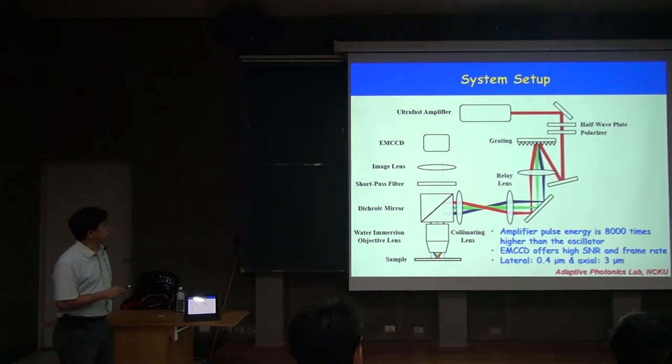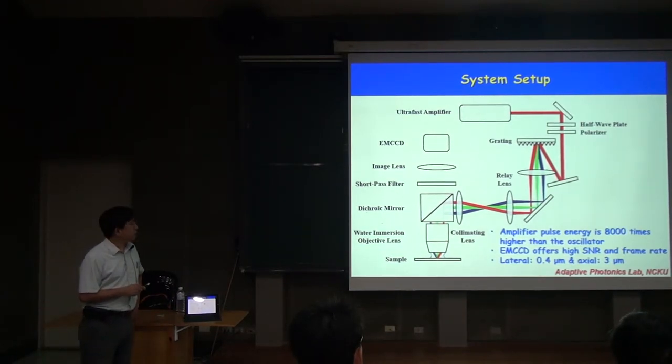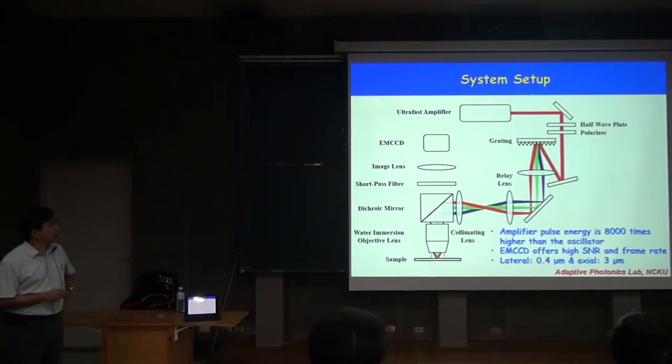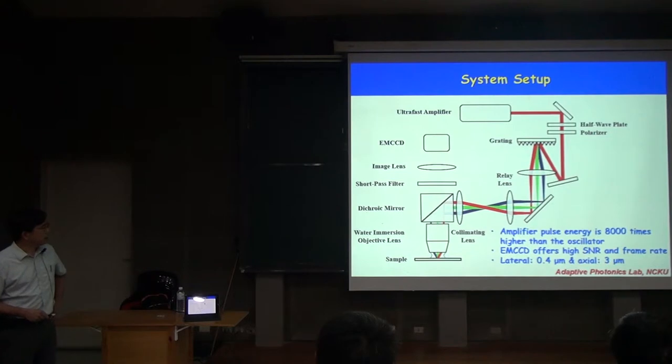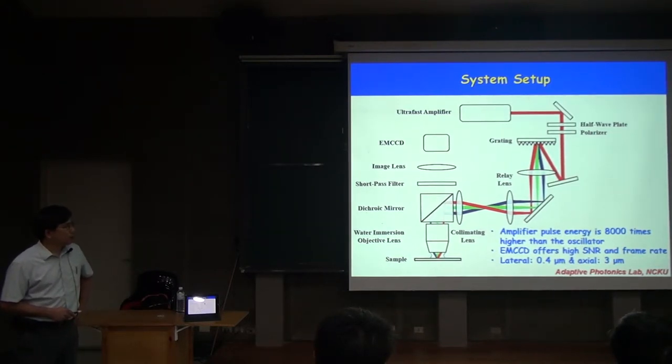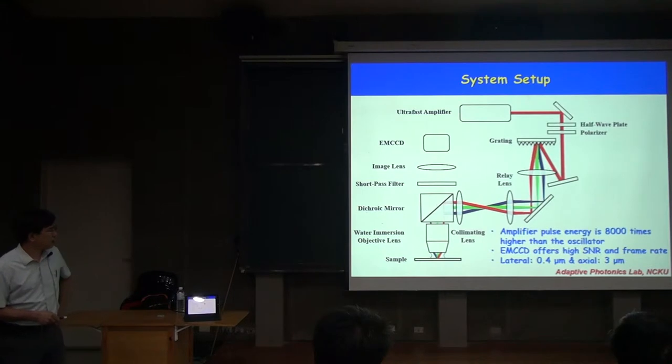So if you just use the oscillator, the pulse energy is not quite enough. So here we use the amplified regenerator. With this amplifier, the pulse energy can be enhanced about 8,000 times higher than the oscillator.